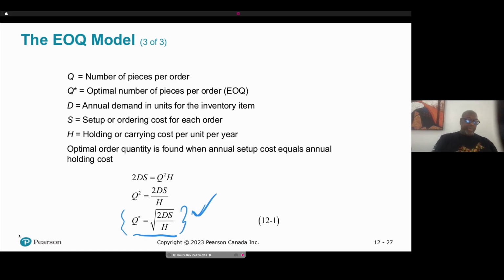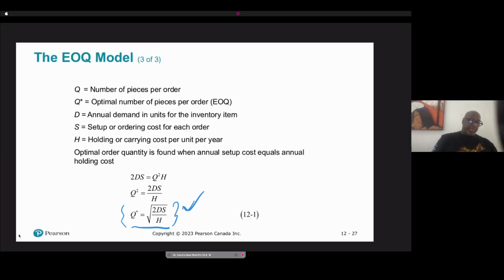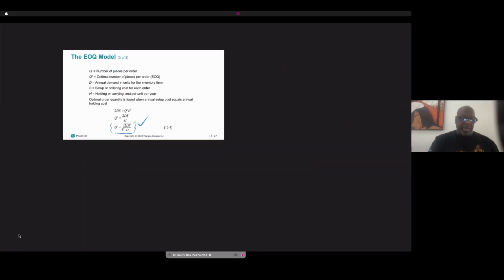So if we want to do a very simple example, you could say if we have annual demand equal to 5,000, our ordering cost is $100, our holding cost is $10 per year, right?